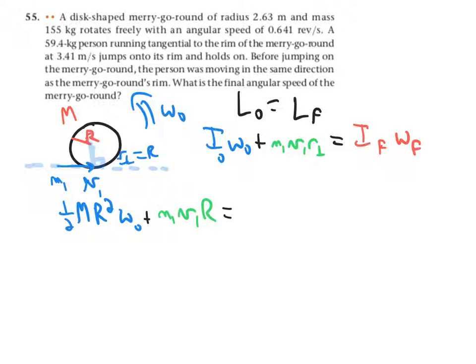And then it equals, and we have both the disk plus, and now the person is essentially a point-like mass, and so we get m1 r squared for the person times omega f. So we can just solve for omega f.